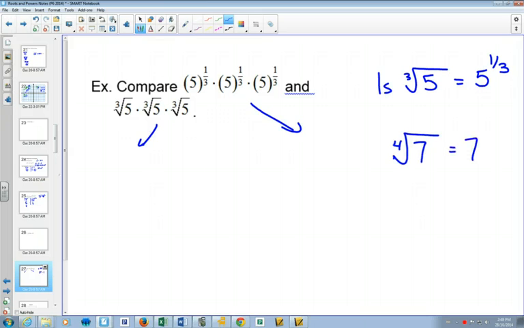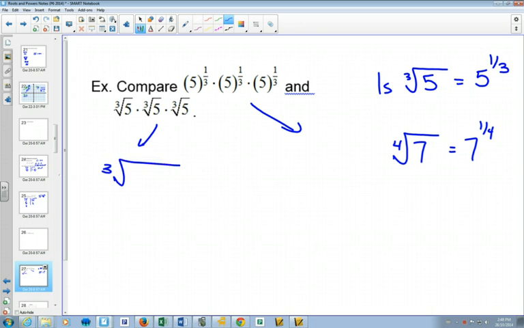Type that into our calculator, and we're going to see if it's equal to 7 to the 1/4. But I do want you to practice typing that into your calculator to see if you can actually get that. For that one, yes. For these ones, no.